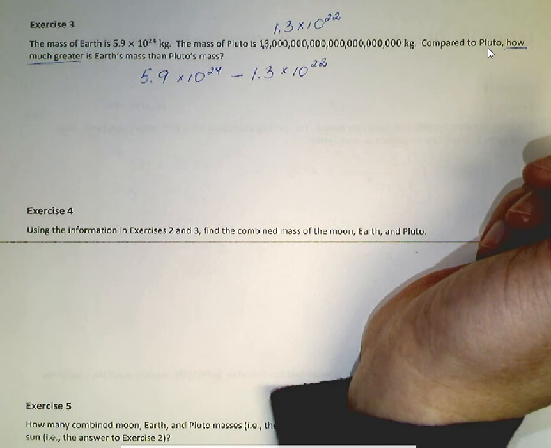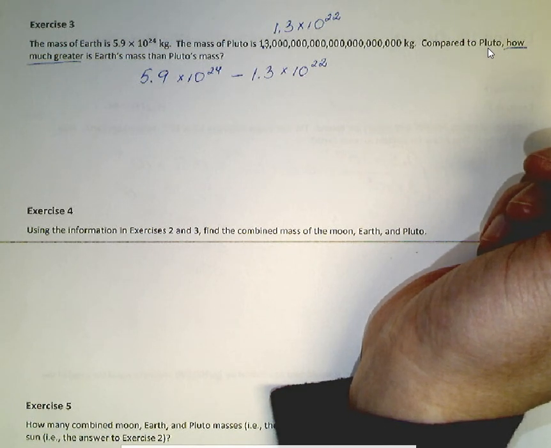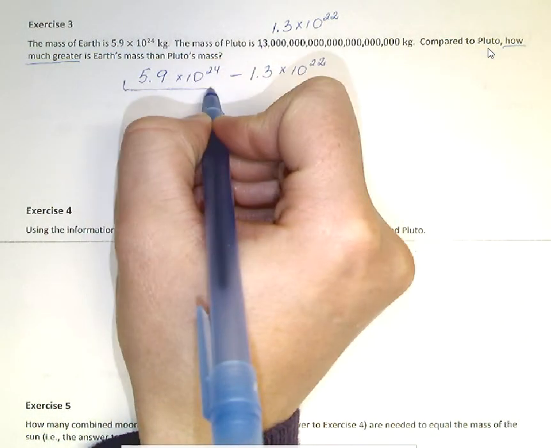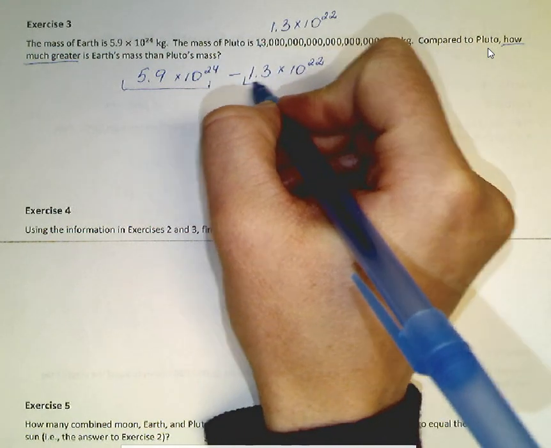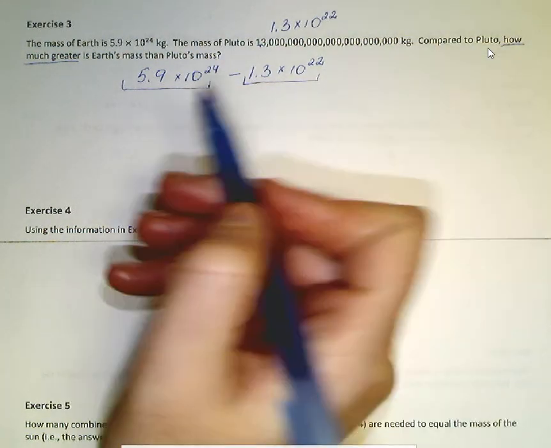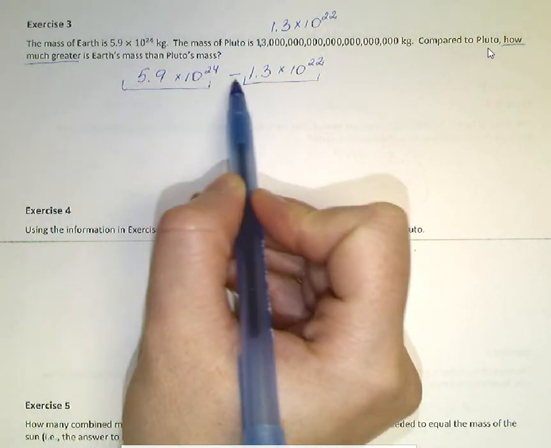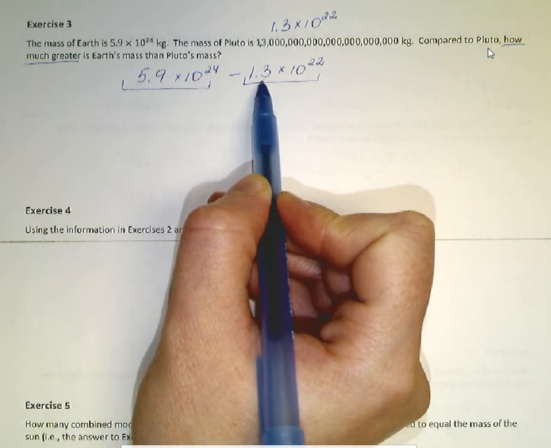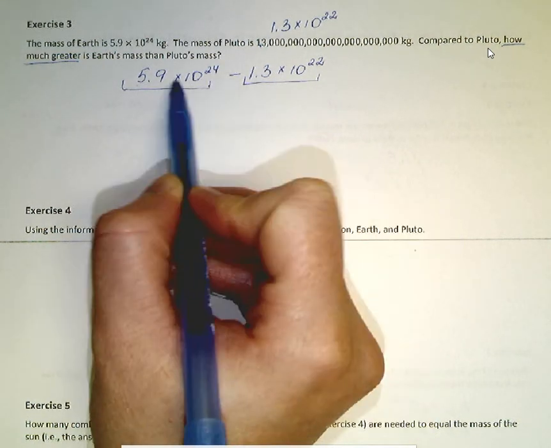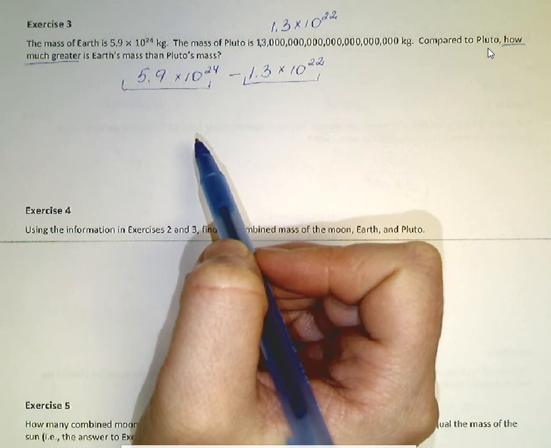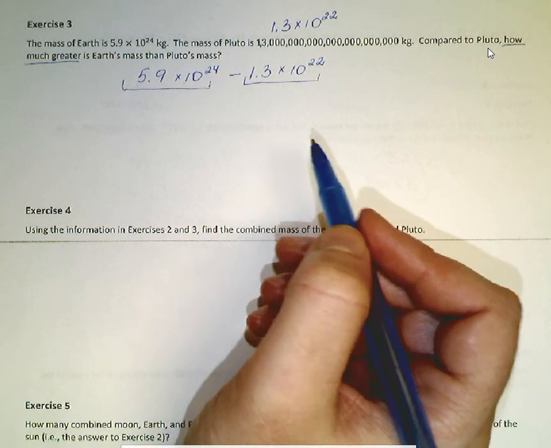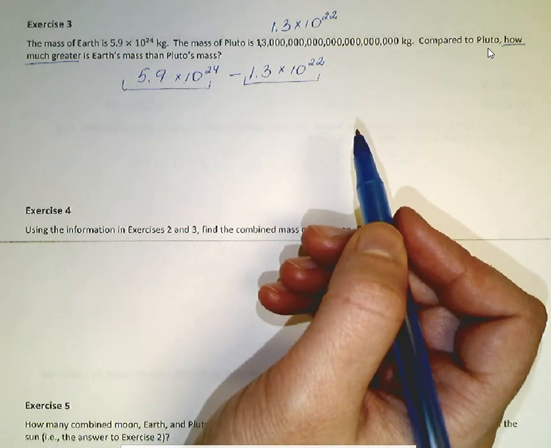Can I subtract them right away? No, because that is my first term and that is my second term. I cannot just subtract 5 and 9/10 and 1 and 3/10 because they are multiplied by 10 with different powers. I need to make sure that my powers are the same, my magnitude is the same.